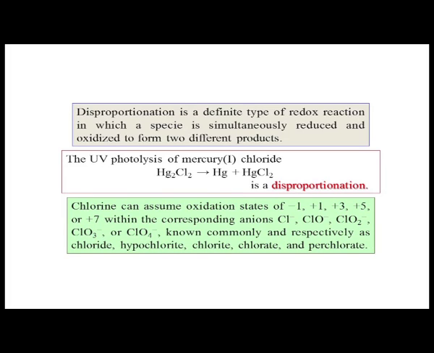The typical nomenclature of these ions is that mercurous is like ferrous: it tells us it is in the lower oxidation state, that is, mercury in +1.